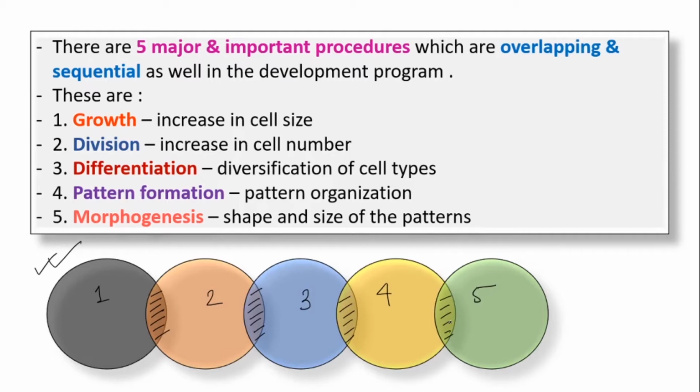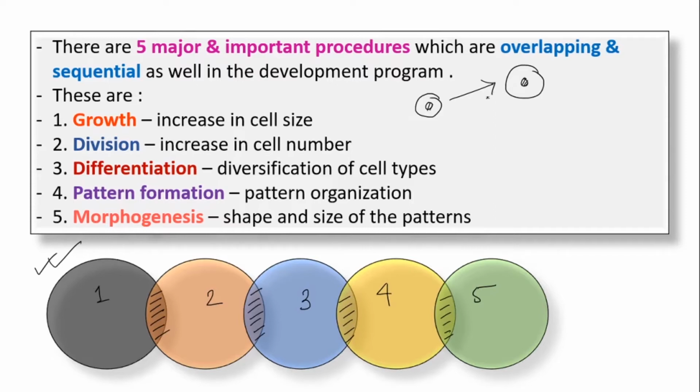So what is growth? Growth is the increase in cell size. If we assume that this is a cellular structure and it gains size about this much, it is known as growth. That means increase in cell size.